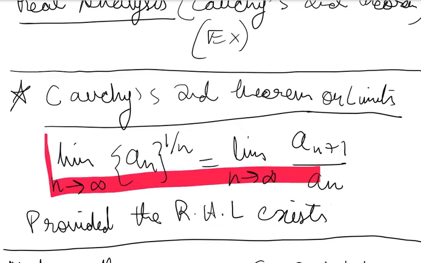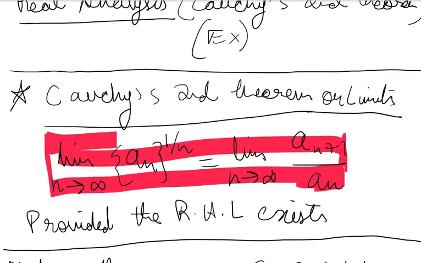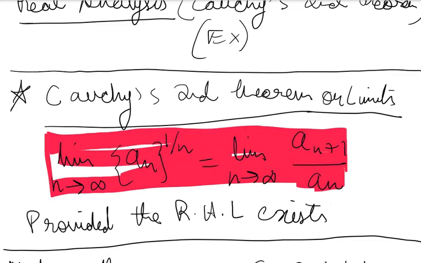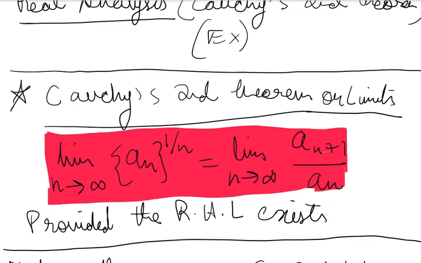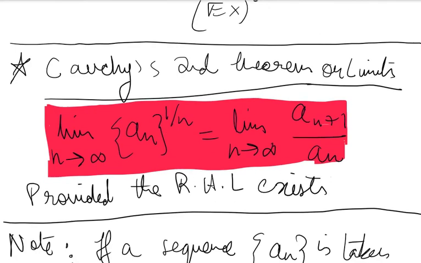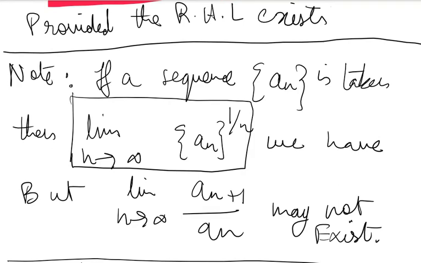But the converse of the second theorem says that the left hand side, the an whole to the power 1 by n, may exist, but the right hand side may not exist.